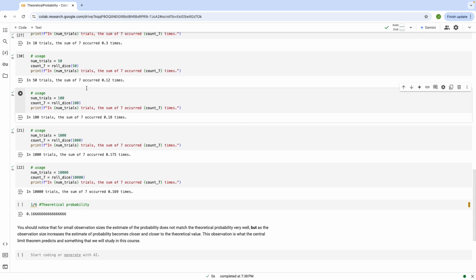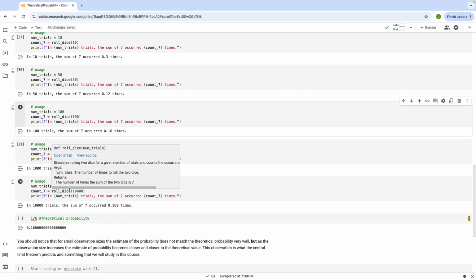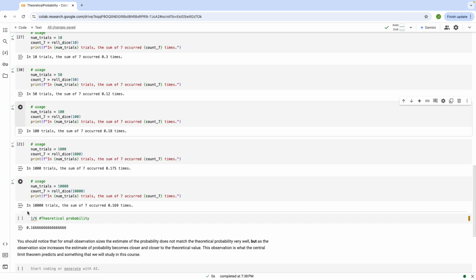Notice the estimates go from 0.3 to 0.12 to 0.18 to 0.17 to 0.169, and that's the theoretical probability. What I'm observing here is as the number of observations increases from 10 to 50 to 100 to 1,000 to 10,000, I'm getting closer and closer to the theoretical probability.